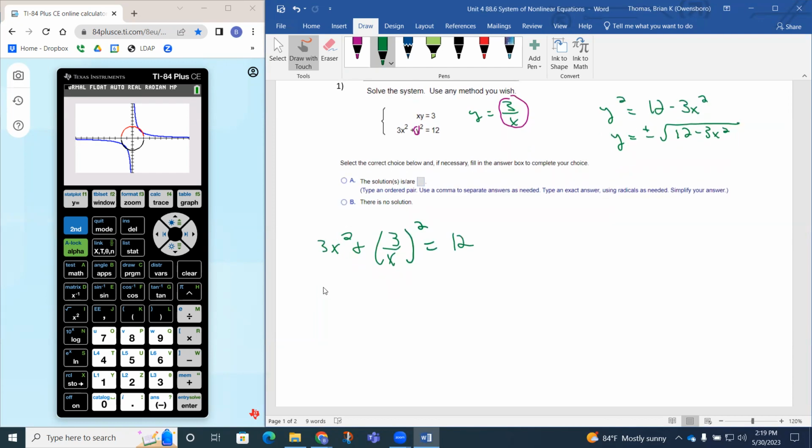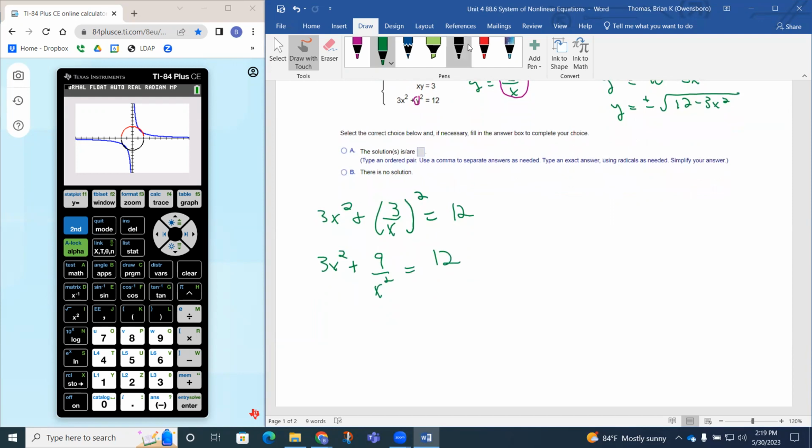So if I simplify this, we have 3x squared plus, if I square this, 9 over x squared, and that's going to equal 12. Now, to get rid of fractions, we have to multiply by x squared. I've got to multiply everything by x squared.